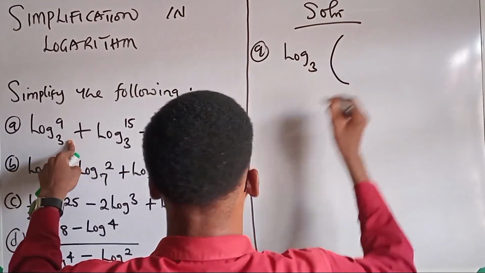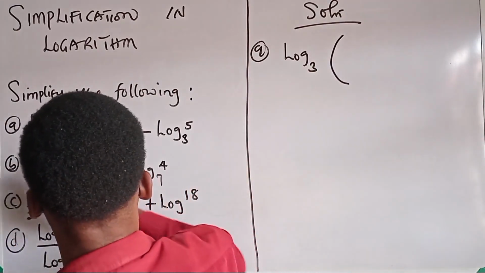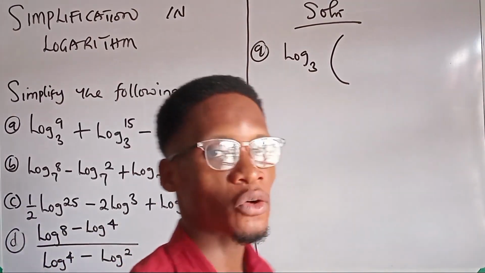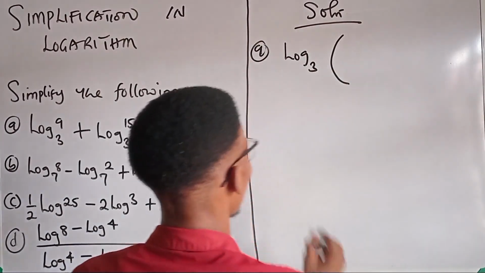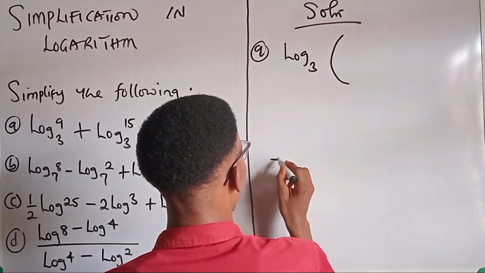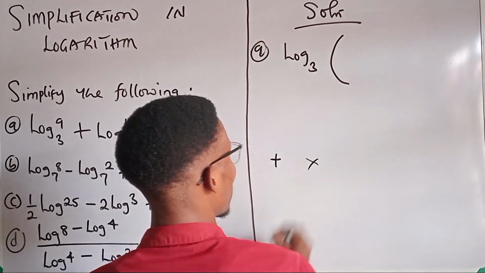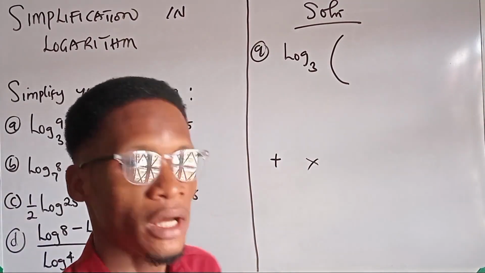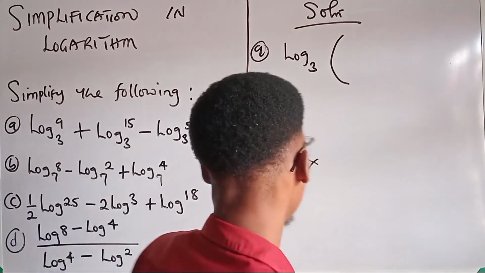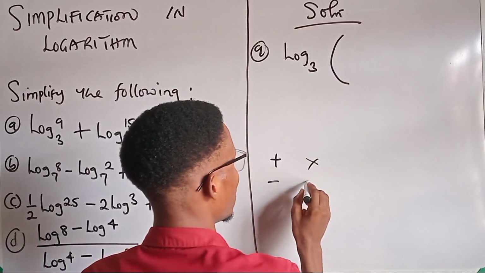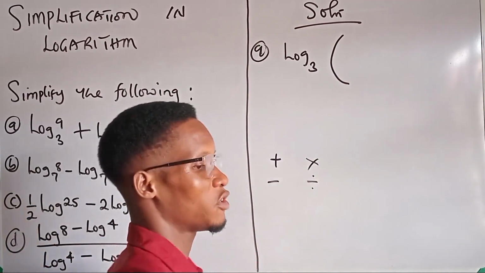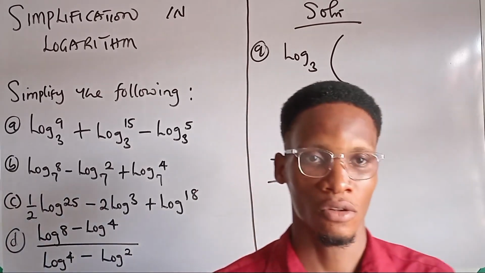Then next you write a bracket. Then we need to apply the addition law of logarithm, which I explained to you earlier: whenever you see addition, it changes to multiplication. Also, wherever you see minus, you change it to division. That is the law of logarithm.